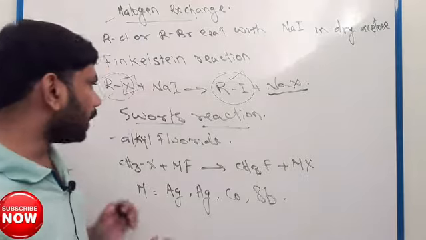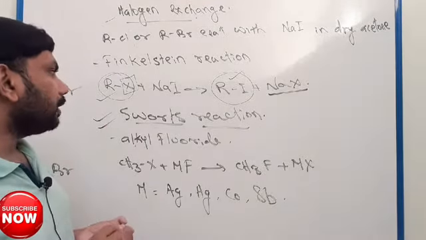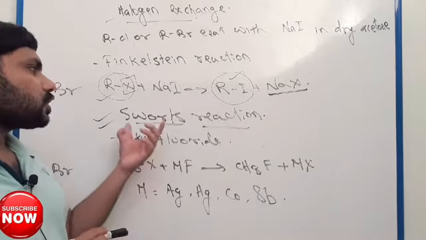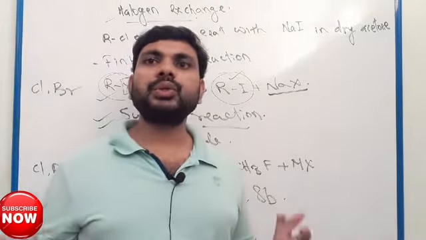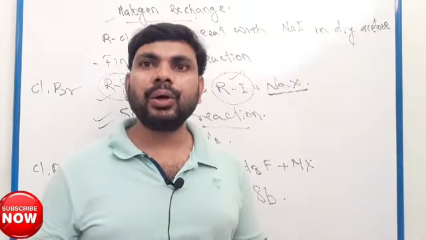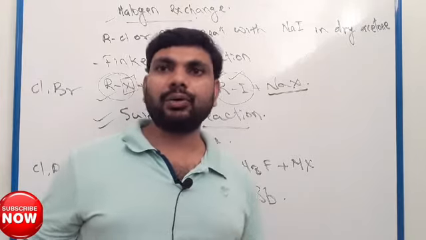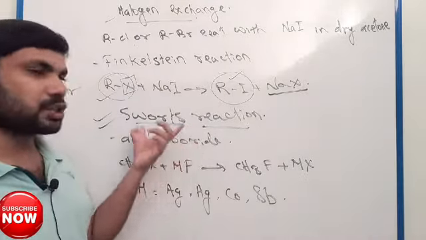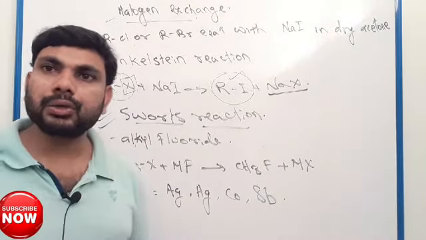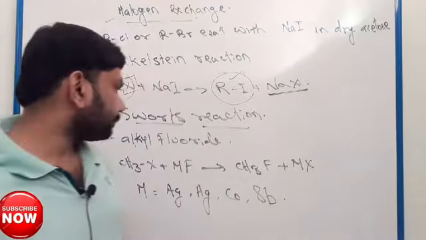So the last method is to prepare alkyl fluoride. This method is called Swarts reaction. Which chemical reaction is used to produce fluoroalkane or alkyl fluoride? You can say Swarts reaction.